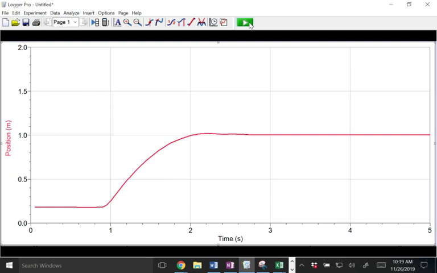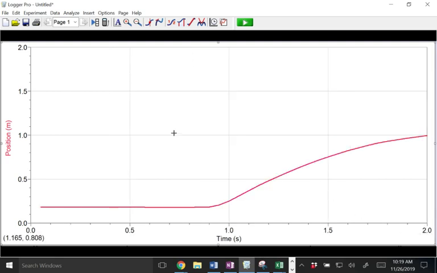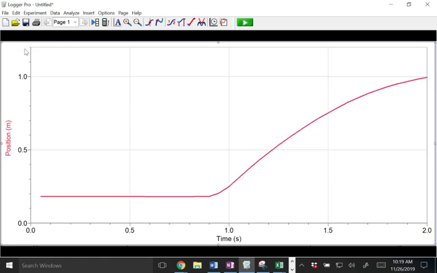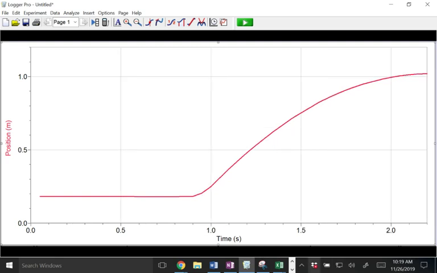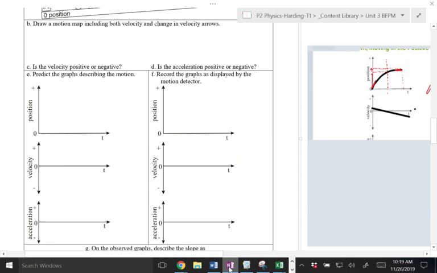We get the shape? Yeah. All right, so around 2. And I don't think we go more than like 1.2 meters. Let me get just a little bit more of this. 2.2. There we go. Right? That looks kind of like what A had predicted. So there's the position time graph shape.